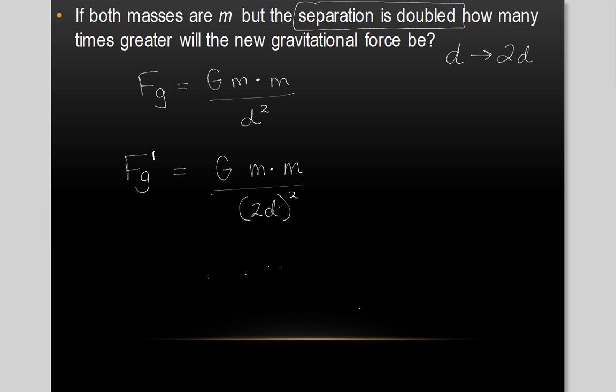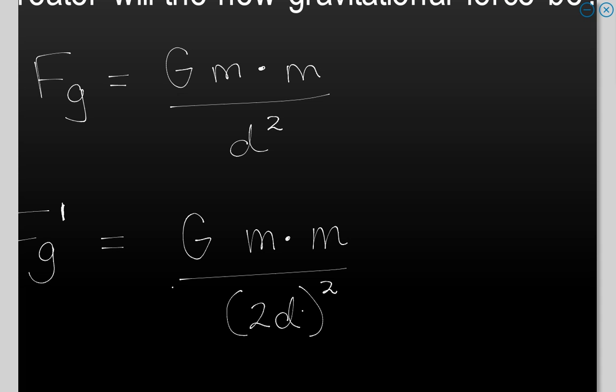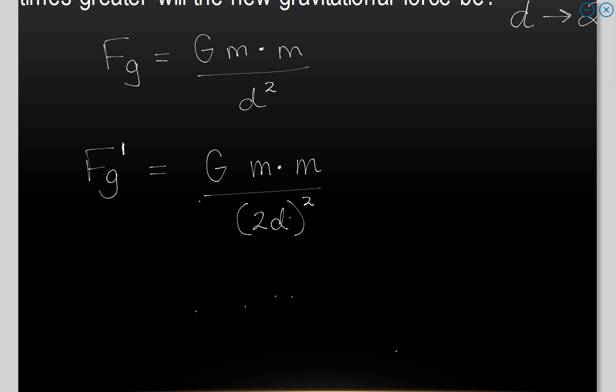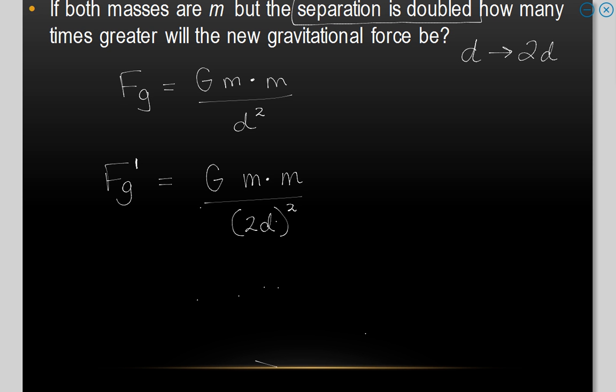And it's important that you understand that we replace d with 2d, so using brackets will help you. Okay, now we do a little bit of simplification. Gm times m over (2d) squared is 4d squared. So all 2d in brackets squared is 4d squared.